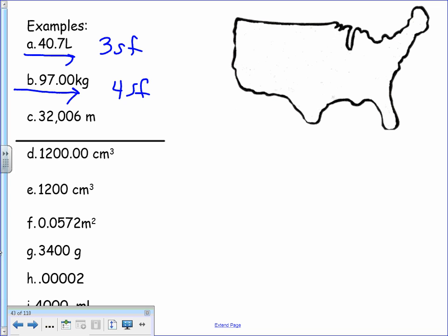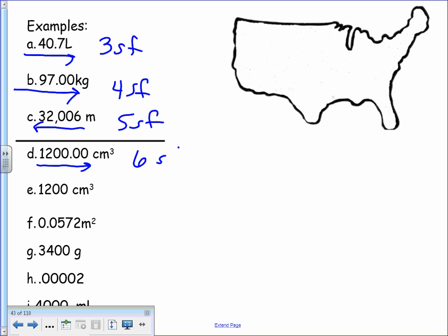Good. Decimal is absent, right? Start from the Atlantic and count. 5 sig figs. Keep going. Decimal is present, start from the Pacific, and how many?